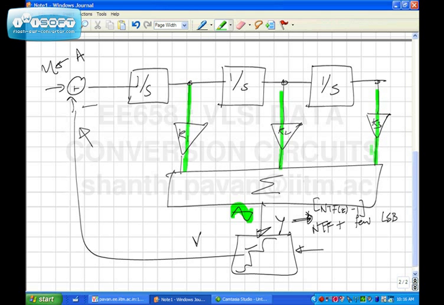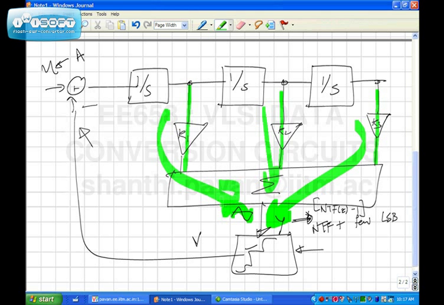So which do you think is the most dominant source of the signal component? K3. Why? There are 3 integrators, so the gain is the largest in the third case. So most of this low frequency component will be coming through that. A little bit of the low frequency component will be coming through the path K2, and an even smaller bit will be coming through K1.